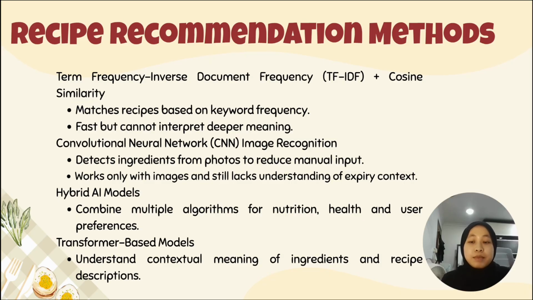More modern systems use convolutional neural networks (CNNs), where users can take a photo of ingredients and the system detects them automatically. Hybrid AI models combine multiple algorithms to consider factors like user preferences and nutrition. Finally, transformer-based models, such as BERT or SBERT, represent the latest advancement, offering deeper contextual understanding.